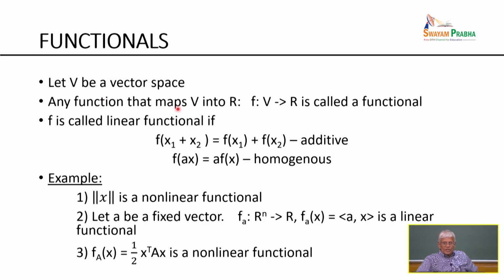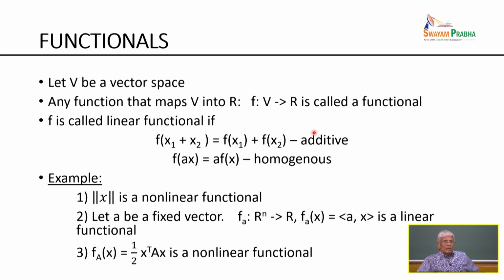So any function that maps V into R is called a functional. A function has an input and output, right? It takes a vector and puts out a number. For example, a norm is a functional. A norm represents a number that represents the size of the vector. So functionals are special forms of functions.